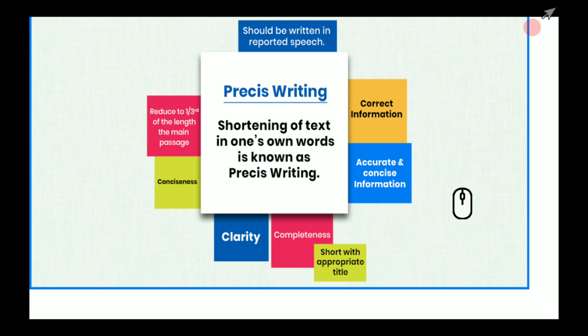It has to be short. Correct information, accurate and concise information, clarity, completeness, short with appropriate title, conciseness. This is called précis writing. So in exam, if they give you write a précis, this is what you should remember in mind.